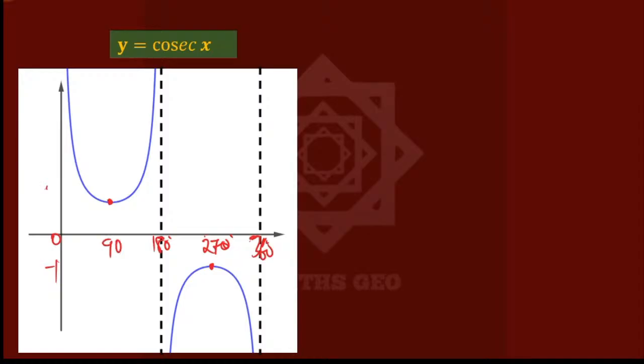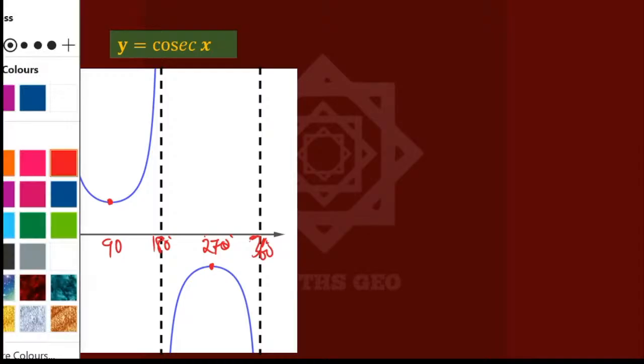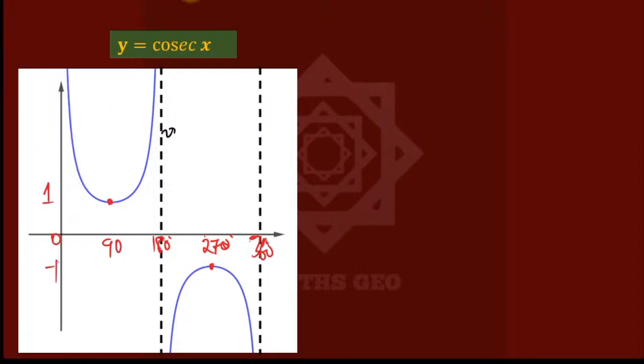So that's the graph. These are the vertical asymptotes. That's the graph of cosec.